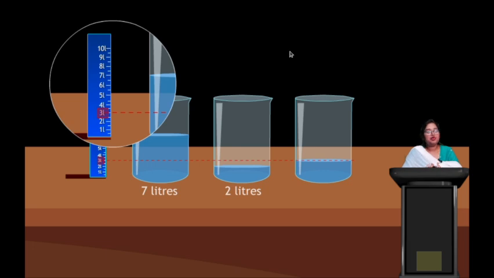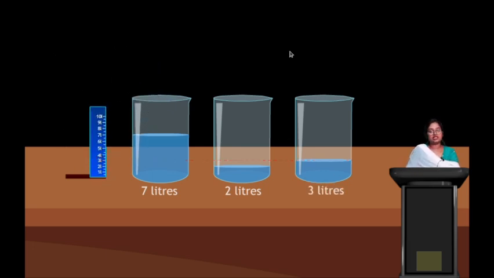The aim of this activity is to find out the quantity of water which each beaker can hold. That means each beaker has to hold an equal amount of water, so we have to find that out. For this I am taking one more set of beakers like this.